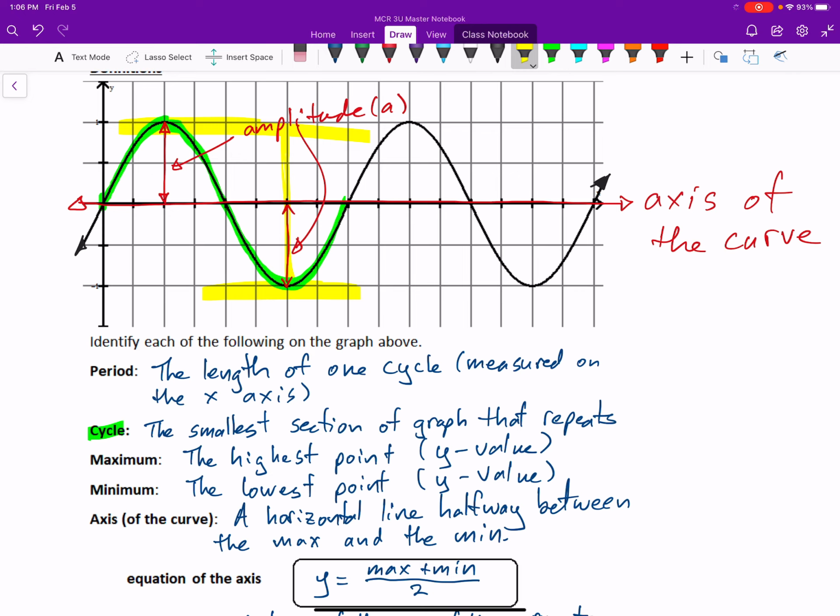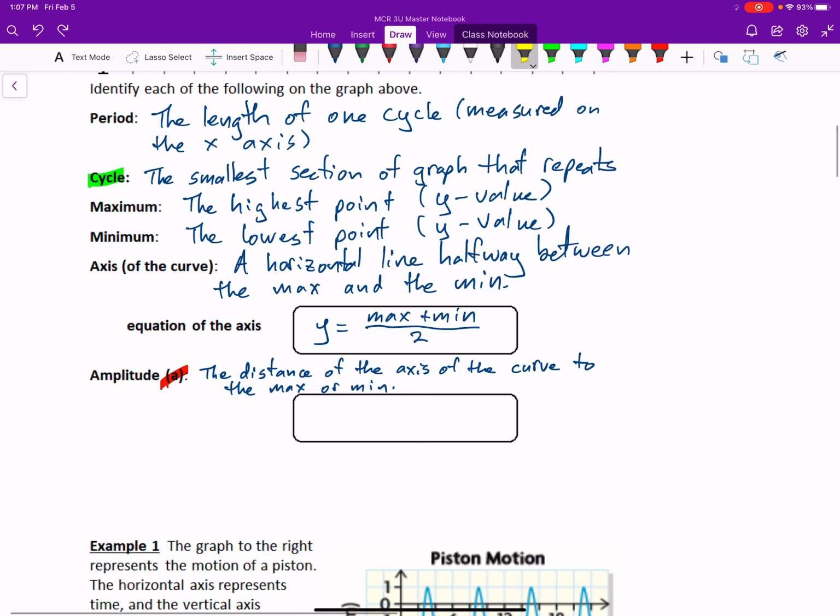So I could subtract the minimum from the maximum and then divide it by 2 to get half that distance. So in that case, A, because A is for amplitude, is equal to the max minus the minimum, divided by 2.